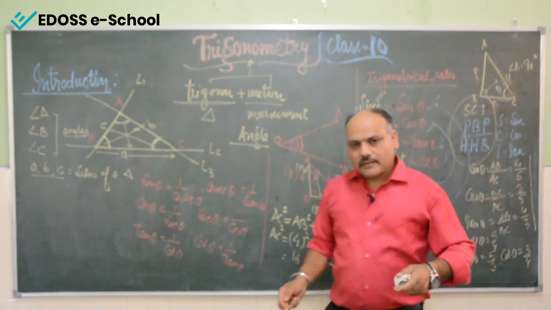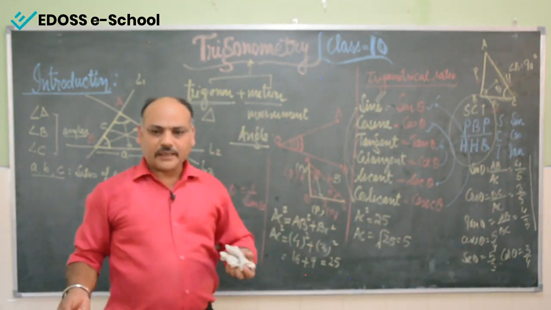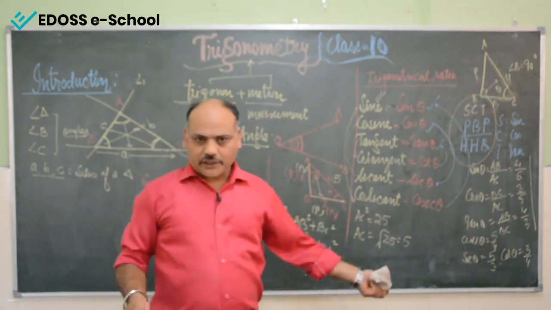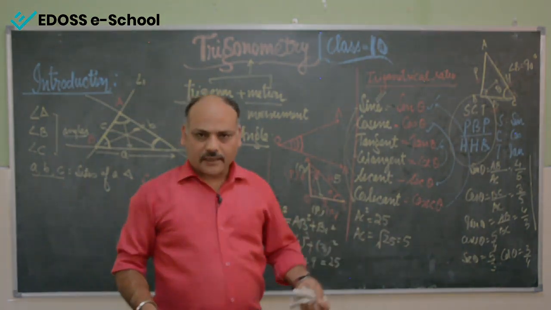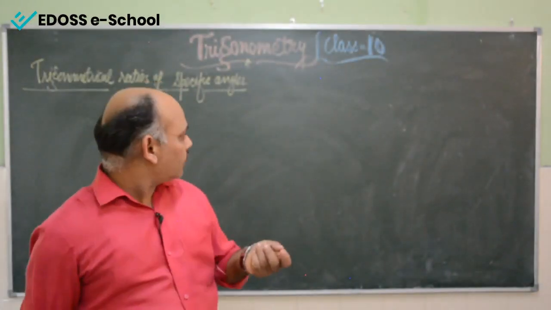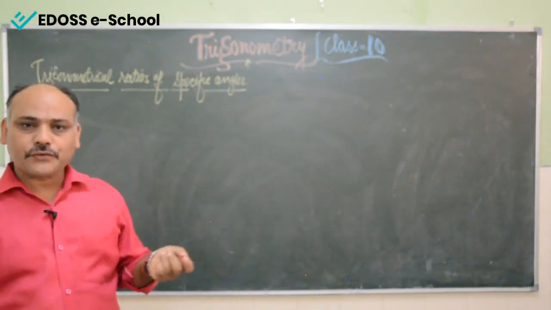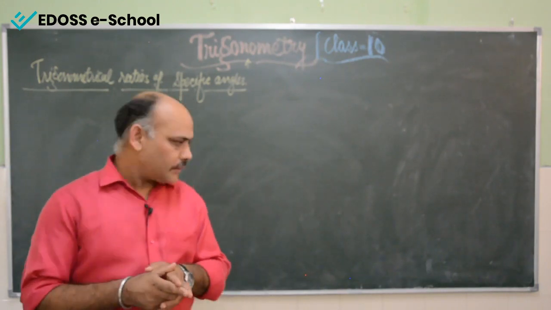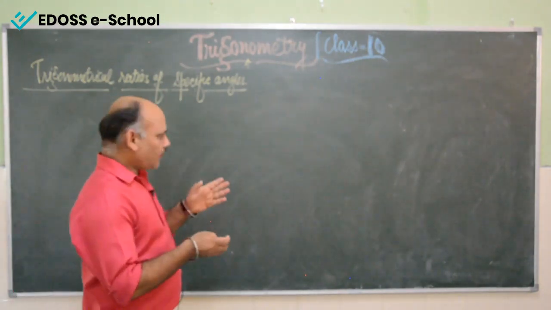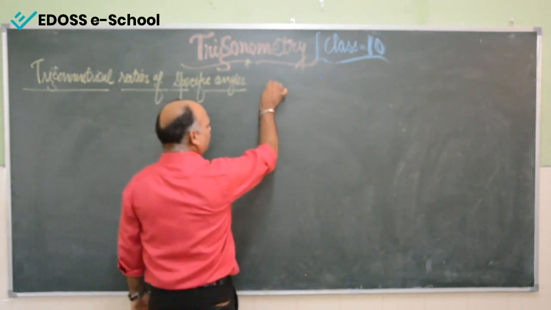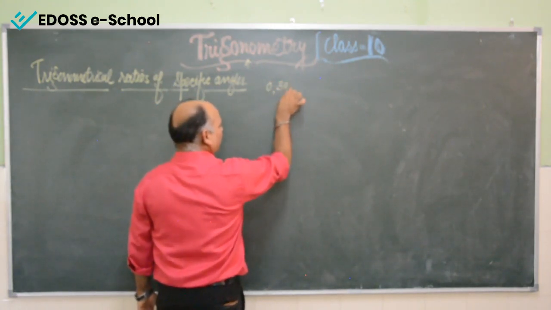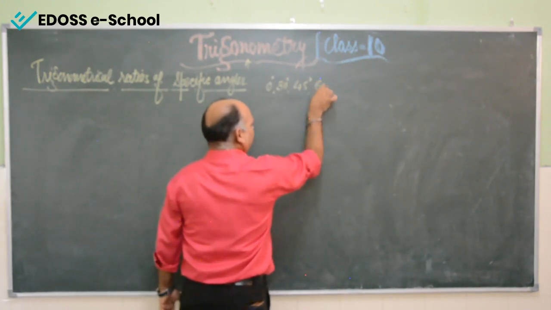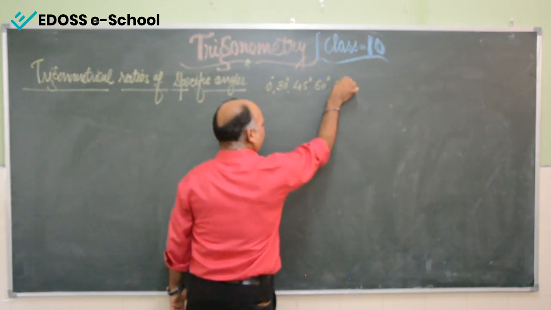Now you can solve the first exercise of your textbook. Now we will go for the second one. Now we will discuss the trigonometrical ratios of the specific angles. Specific angle means 0 degree, 30 degree, 45 degree, 60 degree and 90 degree.